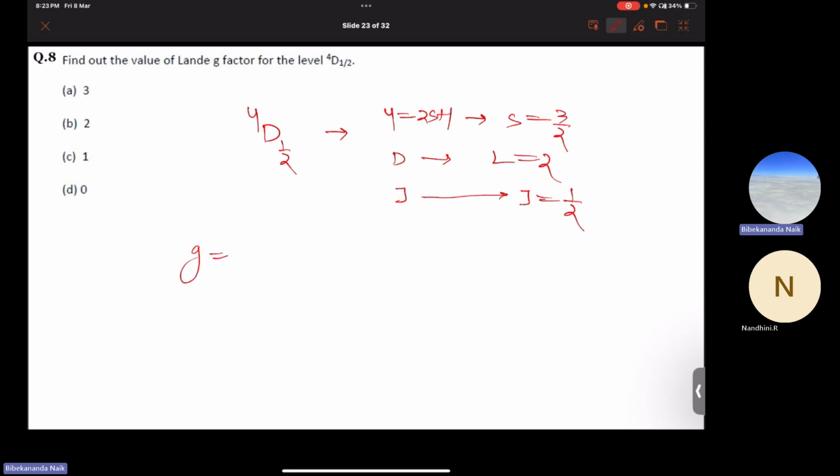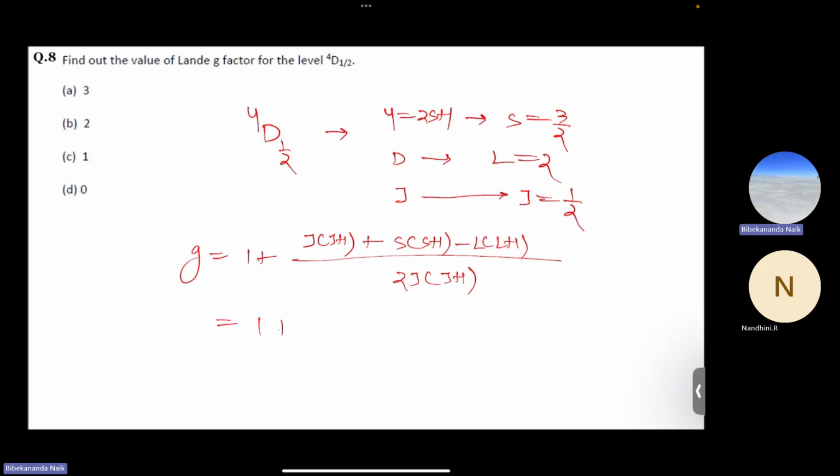it is given by g equals 1 plus J into J plus 1 plus S into S plus 1 minus L into L plus 1, divided by 2J into J plus 1.